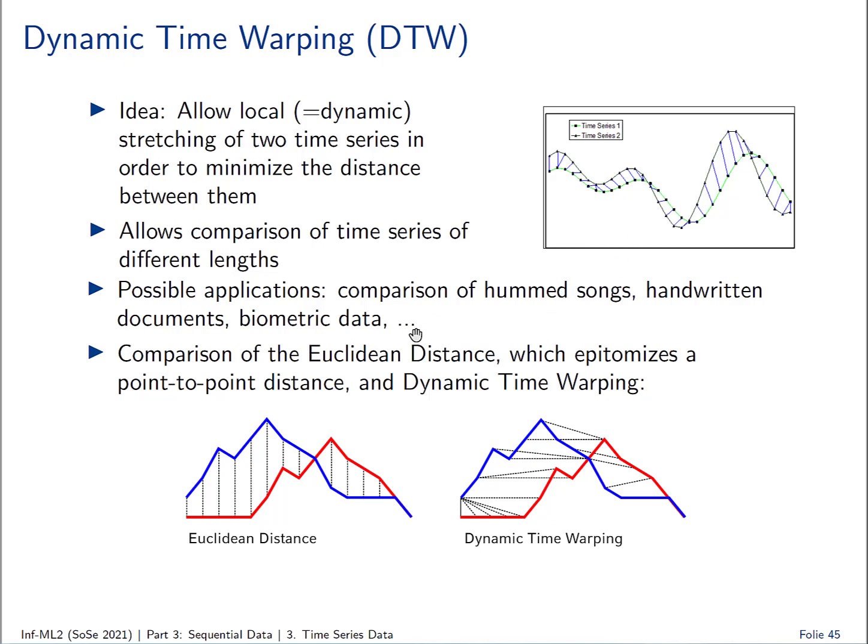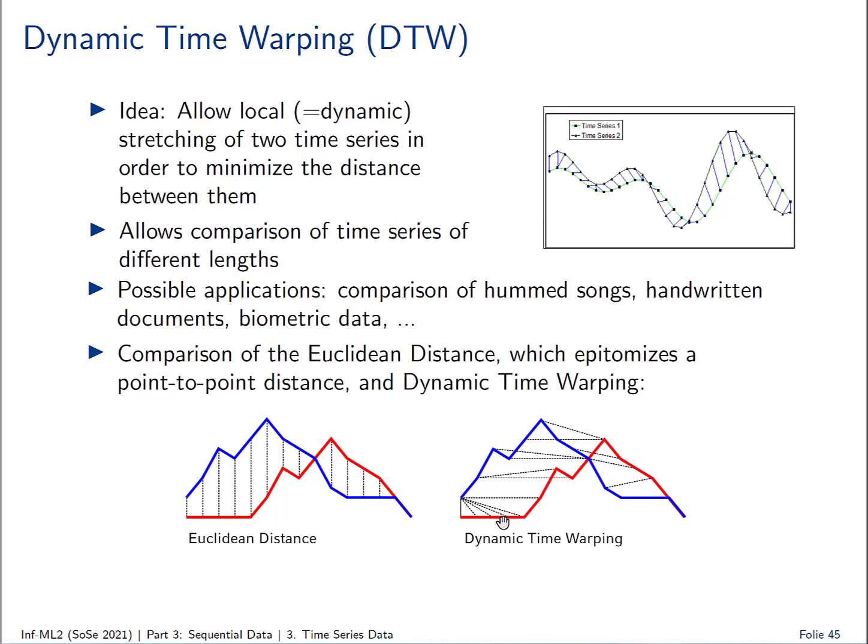And here you see the comparison, at least on the idea level, between Euclidean distance, where you compare the red and the blue time series one by one, by just comparing each time slot with each other. And with dynamic time warping, you can do the time warp, so you can make a virtual stretch of the red one. So everything here will be mapped.